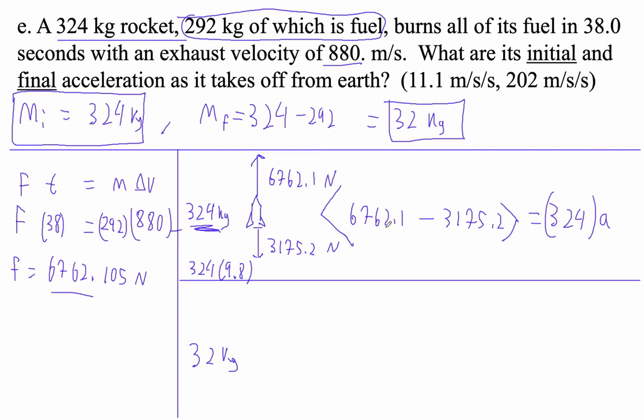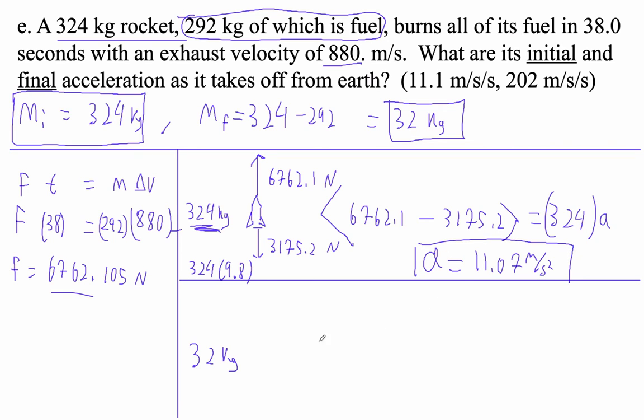So that guy, 6762 minus 3175. And I'm getting 3586.9. Okay, and then I'm going to divide by 324. And I get 11.07 or 11.1. So the initial acceleration is 11.07 meters per second squared. And we'd round that to about 11.1.